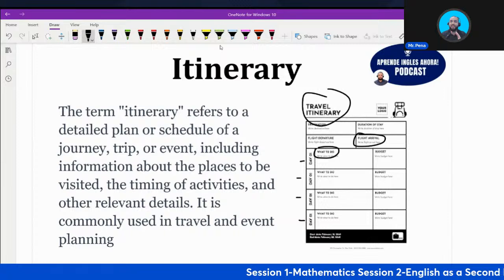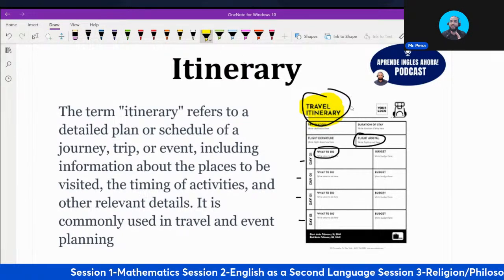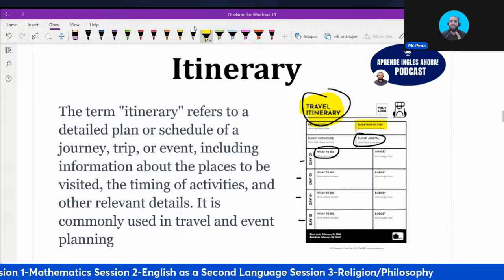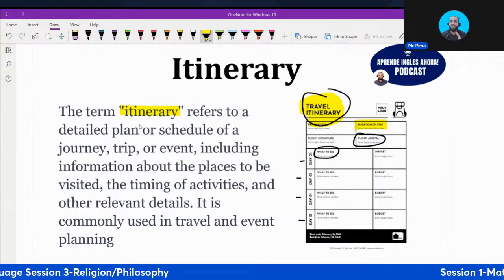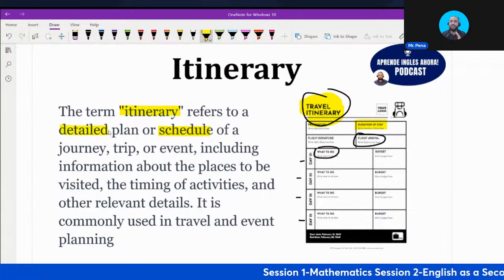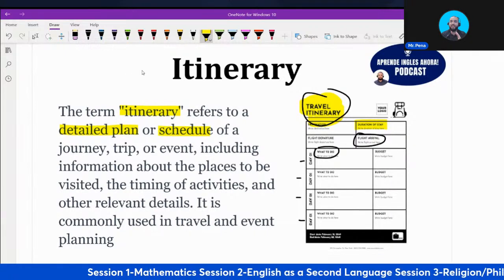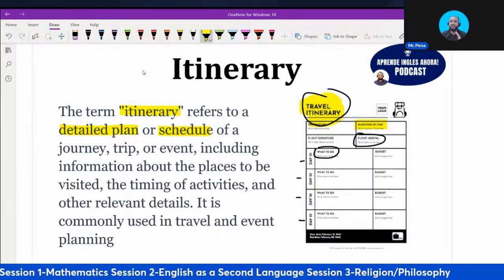This is a travel itinerary, what we use to travel and to know where to go. The duration of the stay, how long. The term itinerary refers to a detailed plan or schedule. So it's a detailed plan on paper, a formal plan that's called an itinerary.